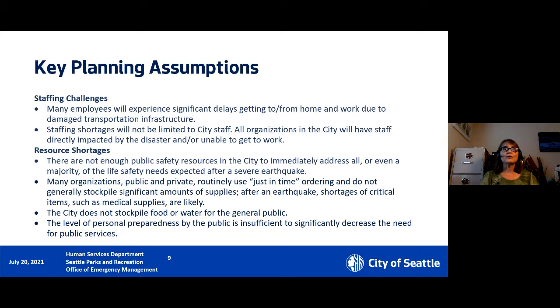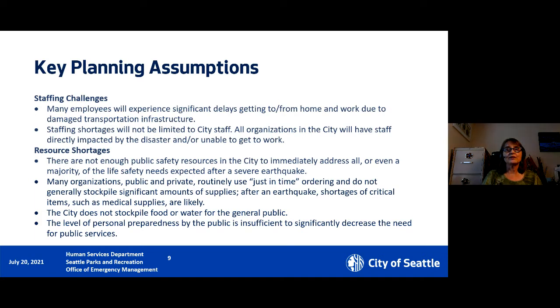This is applicable to City of Seattle staff, as well as any other business, organization, or other entity in the city. Many employees will experience significant delays getting to and from home and work, if they can, due to damaged transportation infrastructure. For City of Seattle employees, less than 40% live in Seattle.